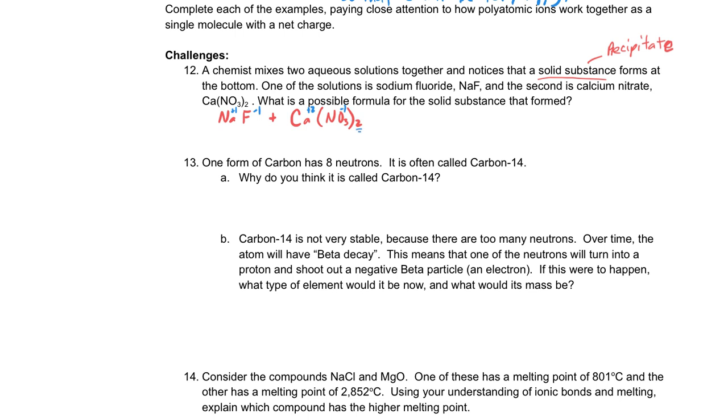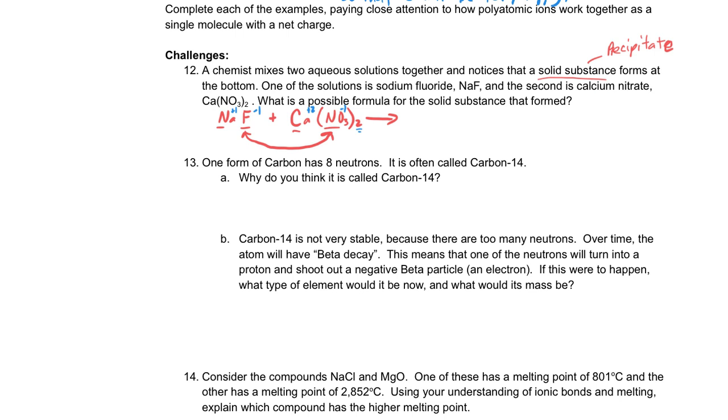So that's one of those polyatomic ions, which means it stays grouped that way, all right. And so I need 2 of those -1s to match up with the +2 of the calcium. Now, because each of these has 2 elements, this is likely going to be a double replacement, and so the 2 negatives are going to switch.